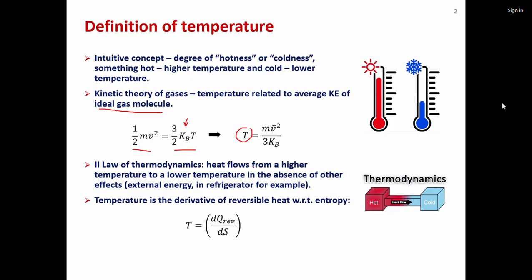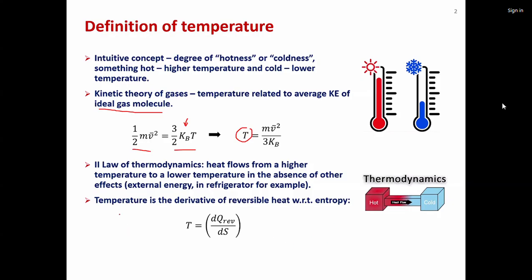External effects mean that if you supply some external energy, you can also pump heat from low temperature to high temperature, like what we see in a refrigerator. But in the absence of external energy coming into the system, heat would always flow from a higher temperature to a lower temperature. So you can define temperature this way from the second law of thermodynamics.